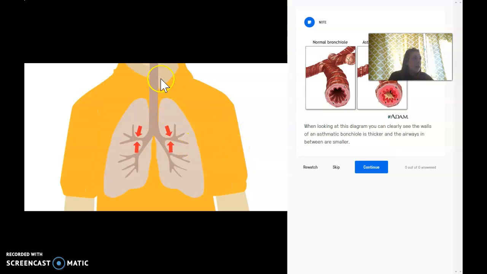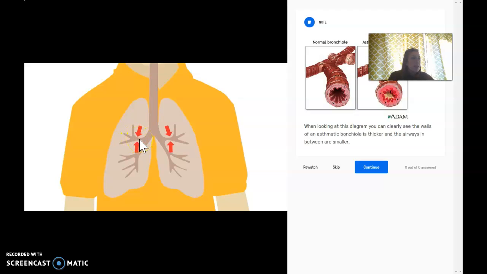Right. Now, you can see here the lungs, and you can see here, if you remember from our respiratory lesson, this here is called your trachea, and then down it's your bronchi, okay, which goes into left and right. So remember, this is your right and this is your left, and into smaller branches called your bronchioles.